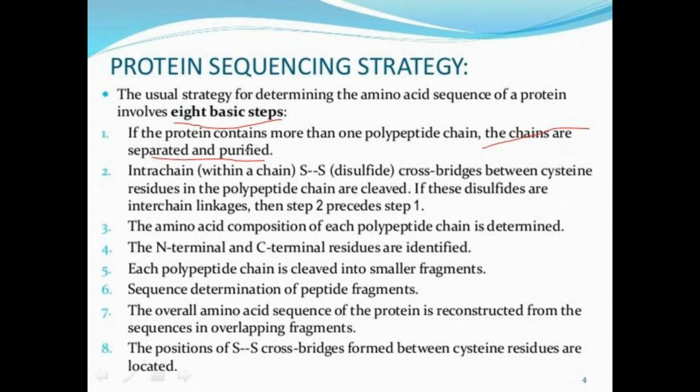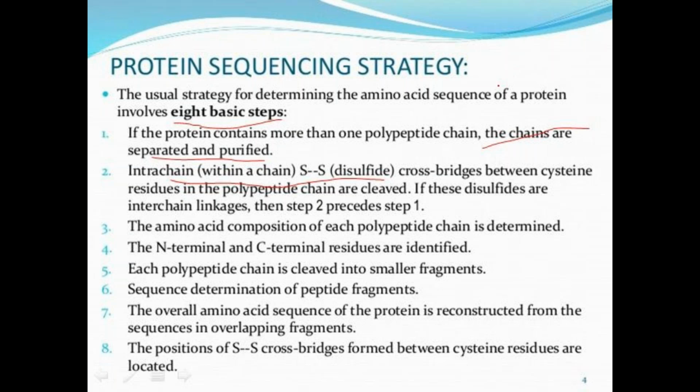Next, coming to the tertiary structure. What does the tertiary structure contain? The tertiary structure mainly contains intrachain disulfide bonds and interchain disulfide bonds, and these disulfide bonds ought to be cleaved.